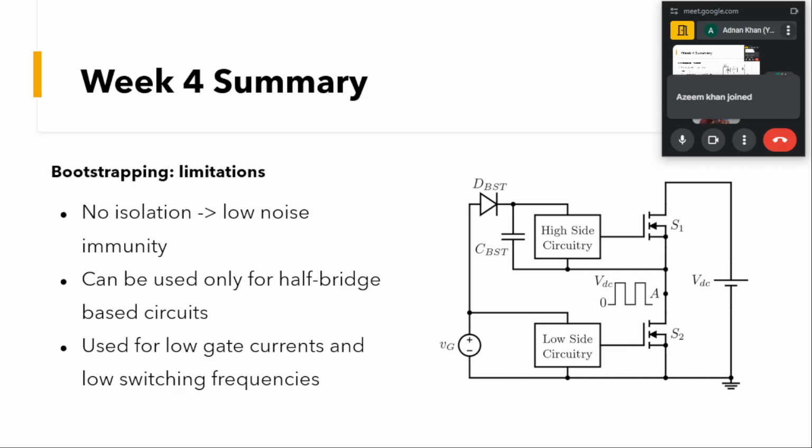And that may limit our switching frequencies, because we know that this capacitor gets charged whenever this bottom device is turned on.